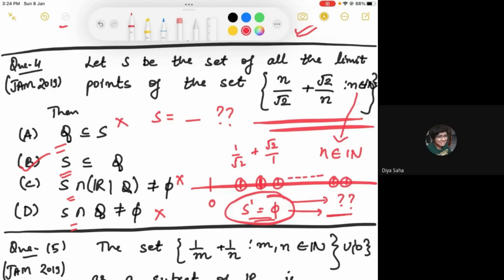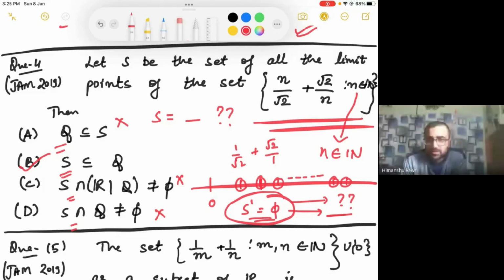Sir, if we take a limit point L and we take a neighborhood where epsilon is less than half or less than one third, very small, then in that neighborhood we cannot get infinitely many points from the given set, because the elements are given. Okay, can you see the neighborhood? Can you see what difference it will take so that it will guarantee that the neighborhood of any point will be an empty intersection?